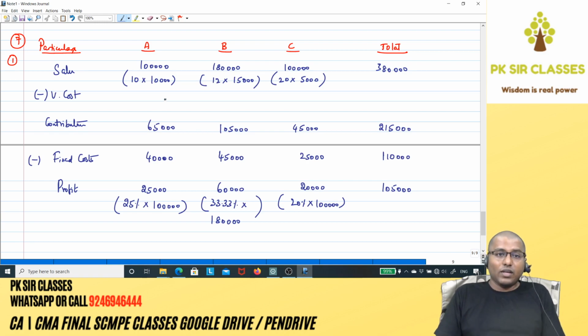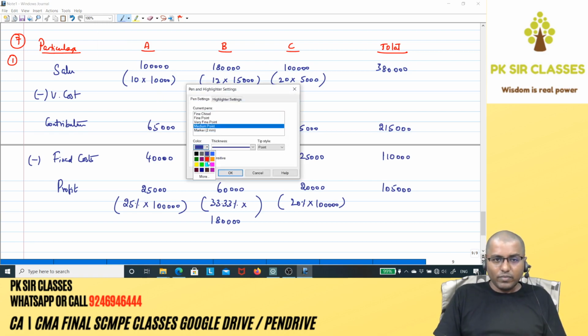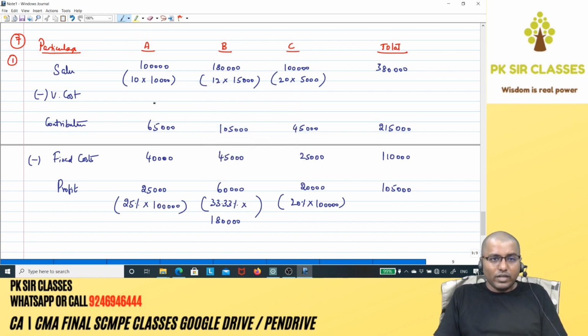Okay guys. Chalo, now we can calculate variable cost as a balancing figure. That's also very important. Let's do it. So what is the balancing figure over here? Sales is 1 lakh for A minus contribution is 65,000. The difference should be variable cost, which is 35,000. Next here for B it is 1 lakh 80,000 is sales minus contribution is 1 lakh 5,000.